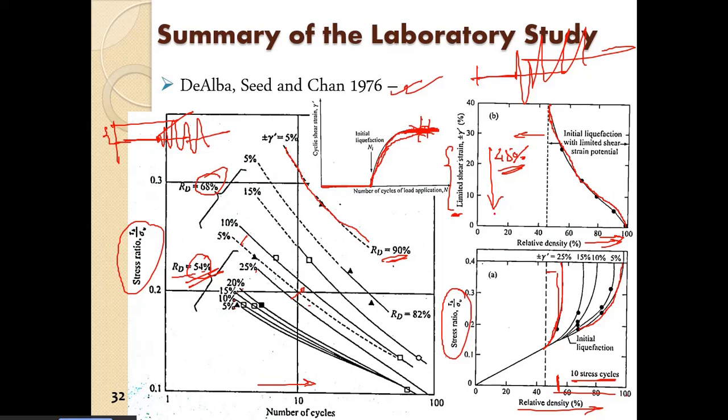So that means for low relative density soil, as soon as there is liquefaction, there is a significant amount of strain. Whereas for high relative density soil, for compacted sand, although there will be liquefaction, there will be a small amount of strain, and that strain may not cause significant stress to the structure built upon it, but ultimately there will be liquefaction.